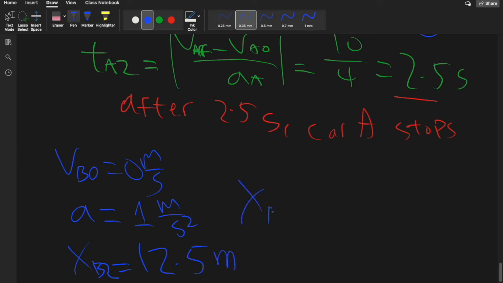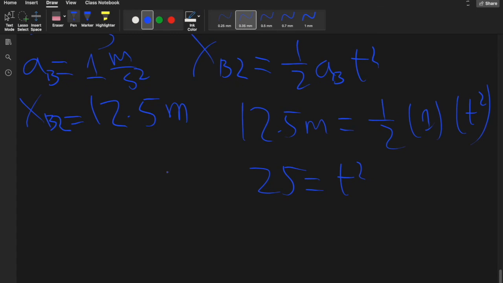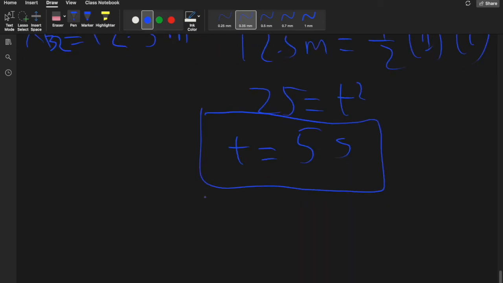So we can use the formula of a half times acceleration times t squared, right? So 12.5 meters is equal to a half times 1 times t squared. So 25 is equal to t squared. So take the square root, t is equal to 5 seconds. So here is our answer for the problem, right?